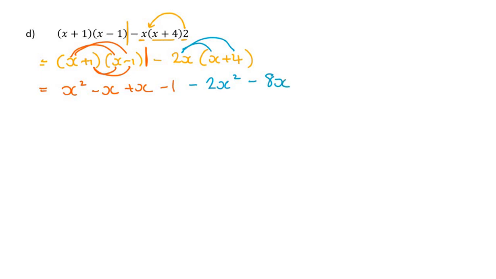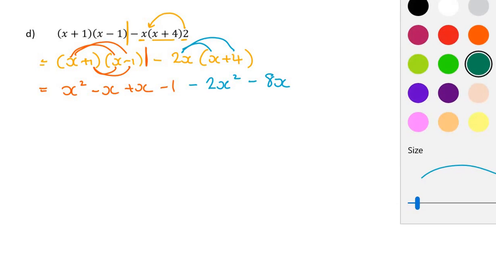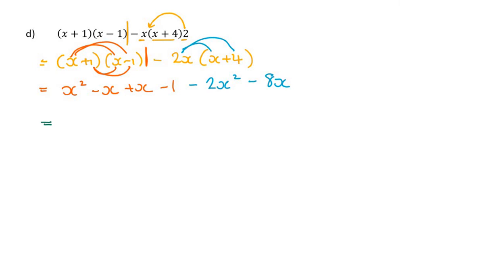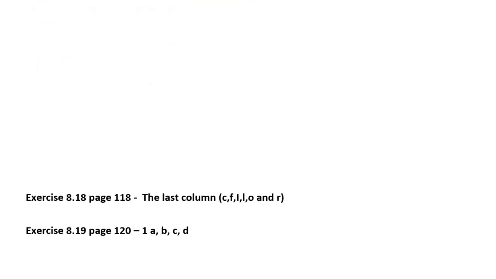There's no extra signs that need to be distributed, nothing. And so finally, my like terms, I get x squared, take away 2x squared is minus x squared. These two x's cancel, and so I'm just left with minus 8x minus 1. So that's quite a nice question. It's quite easy. So those are all the more complicated ones that we can possibly do.